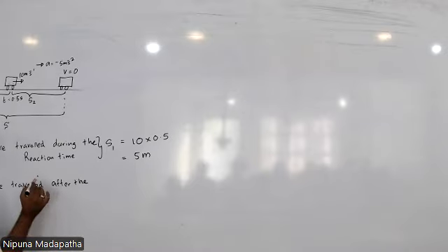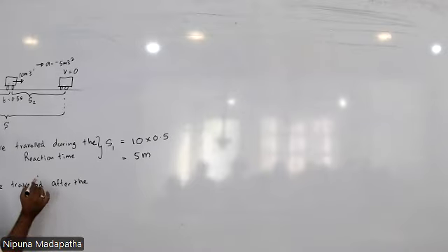So it is S2. So how do you find the S2 value? We know the deceleration, initial velocity, final velocity. Need to find the distance. This is initial velocity, this is final velocity. So you can use this equation.